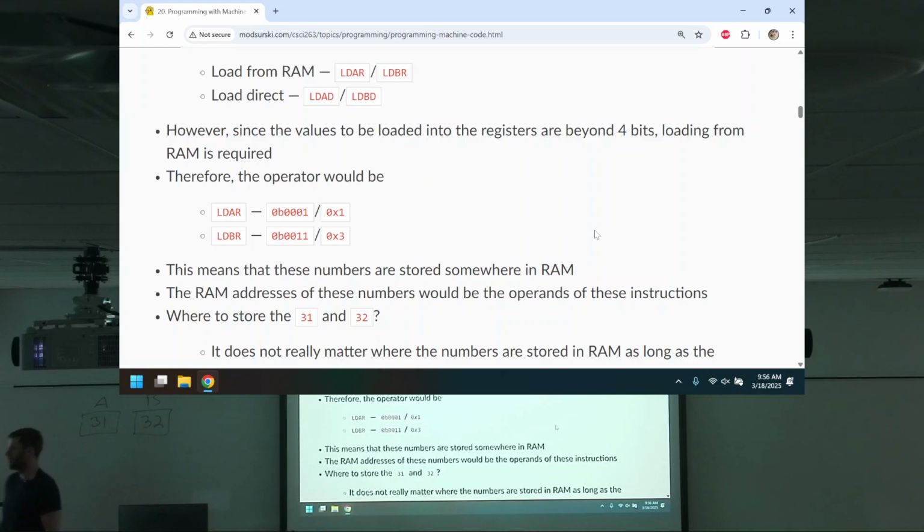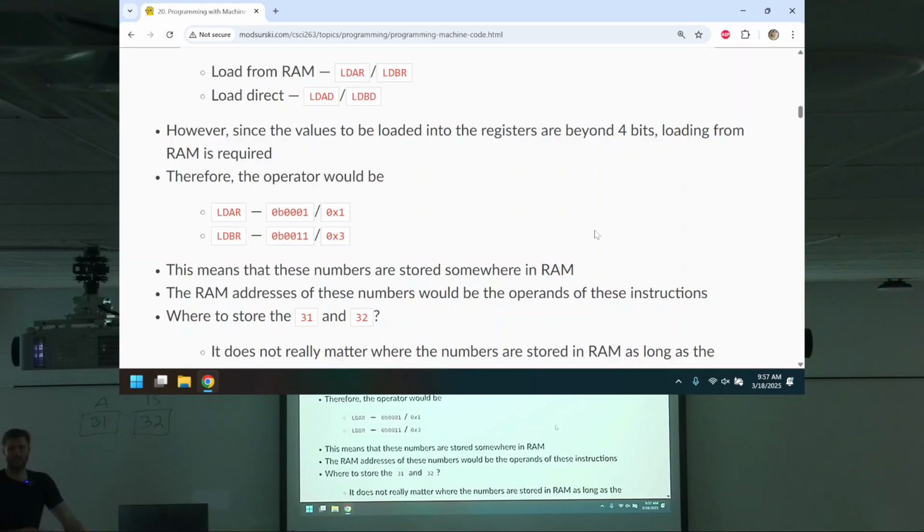Now, the whole benefit of the load directs is, whenever you're loading data from RAM, the instruction takes up one RAM address and the data takes up one RAM address. So that instruction implicitly requires two memory addresses. We only have 16, so we've got to be careful.